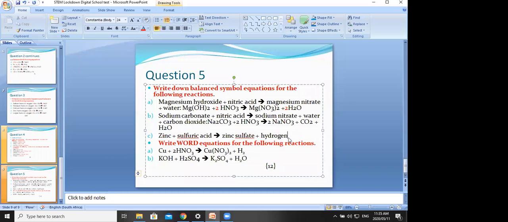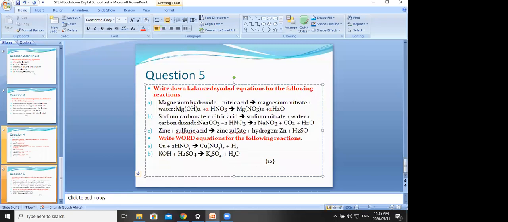Thank you so much. And then let us look at zinc and sulfuric acid to give us zinc sulfate plus hydrogen. How do we represent that one? Zn plus H2SO4, and then what do we get?